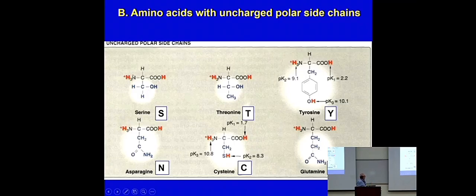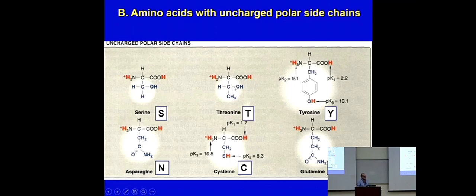You replace that hydrogen with a hydroxyl, that makes it serine. Okay? So the presence of a hydroxyl group makes serine polar and able to form hydrogen bonds with the aqueous environment. Importantly, these side chains don't carry a charge. Very important. No negative, no positive charge, just polarity.